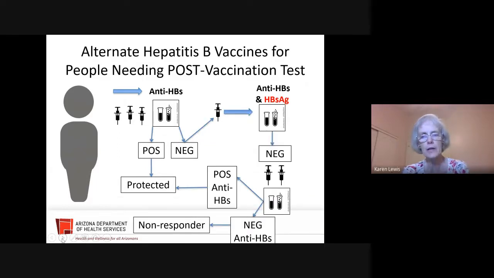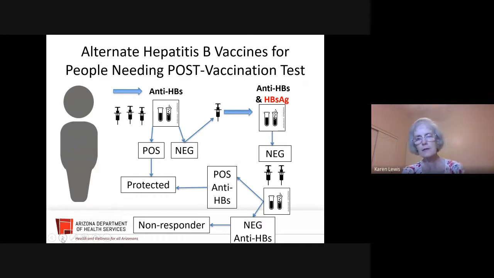And I mentioned an alternate approach: if after the first 3 doses you test negative, you can give another dose, and at that time, in addition to testing for antibodies, you could test for hepatitis B surface antigen. And if they're negative, then go ahead and do 2 more doses.